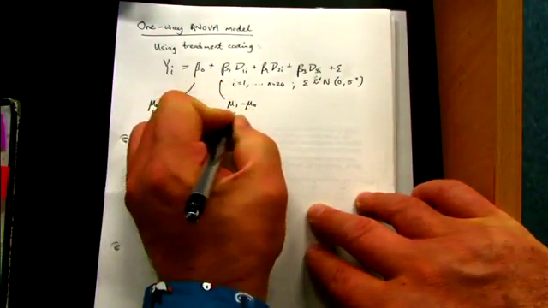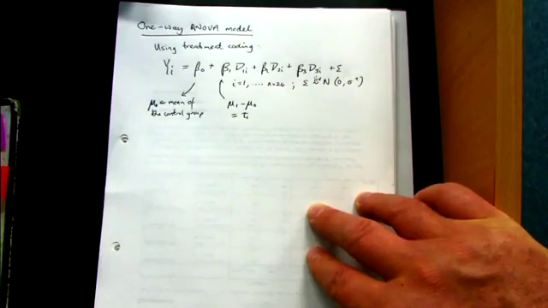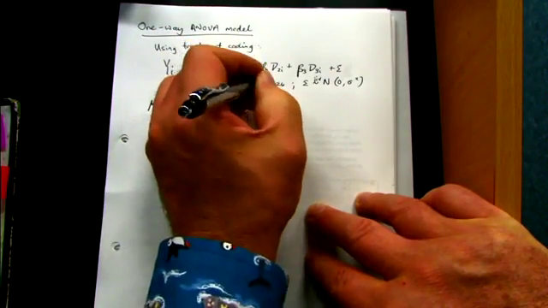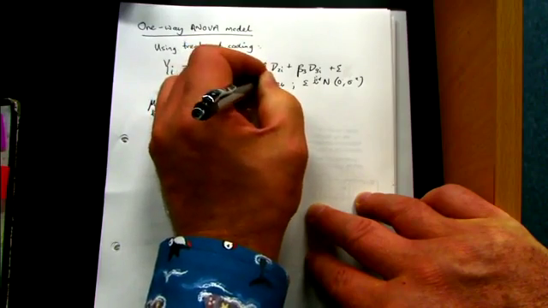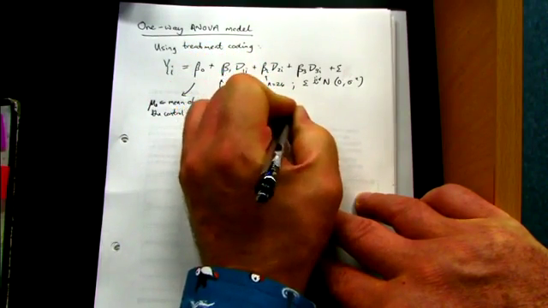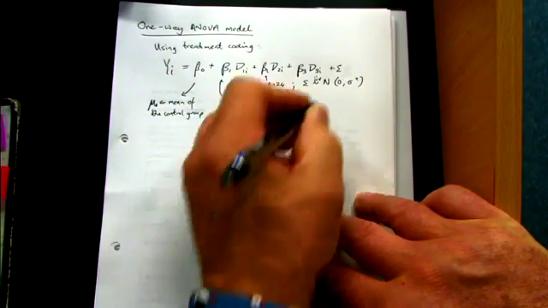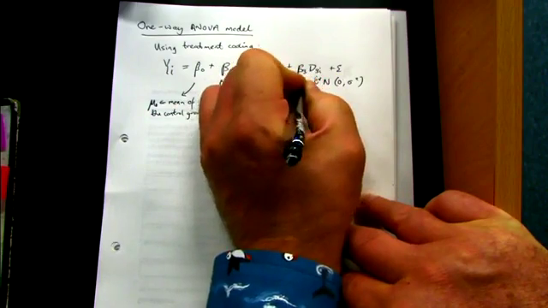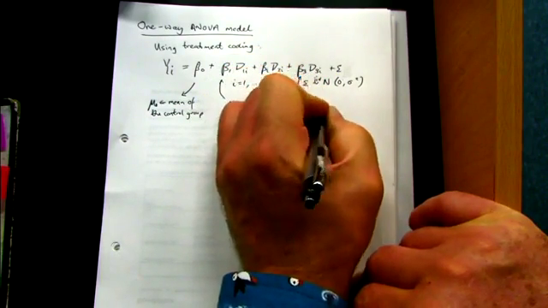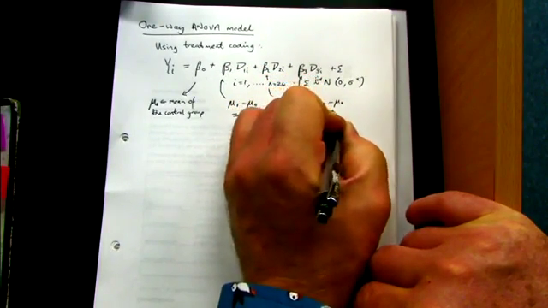Let's call that tau 1. Similarly, B2, the interpretation of B2 was mu 2 minus mu naught. Call that deviation 2. And B3 was mu 3 minus mu naught, and we'll call that deviation 3.